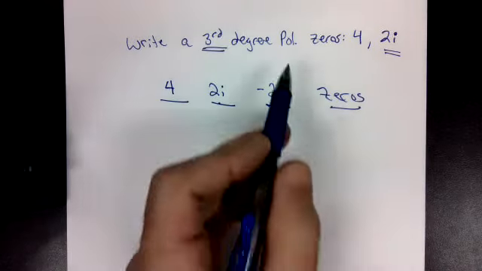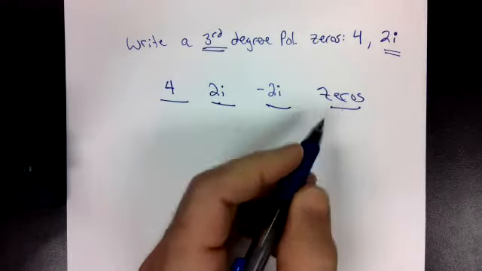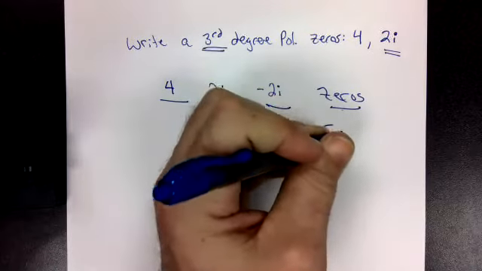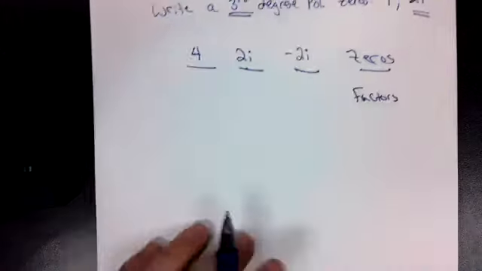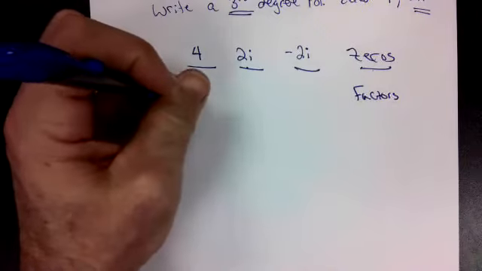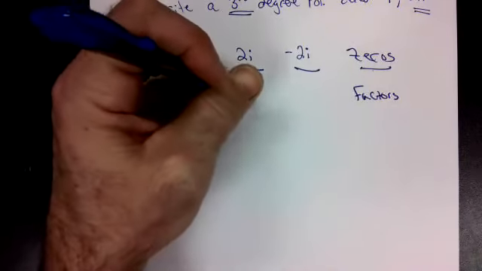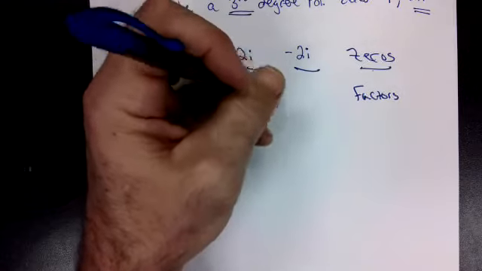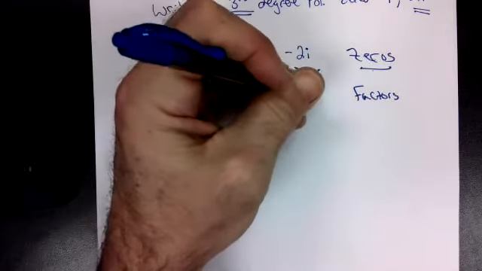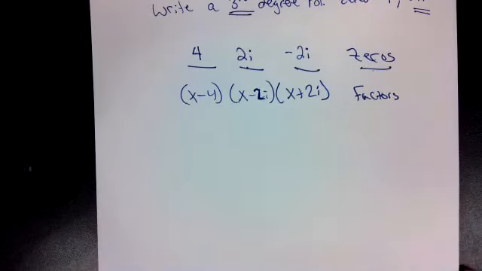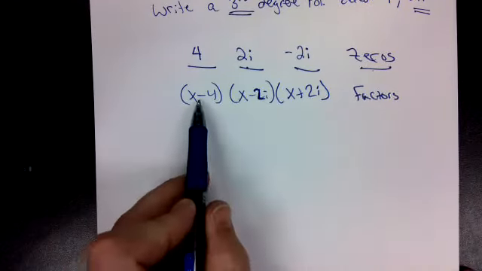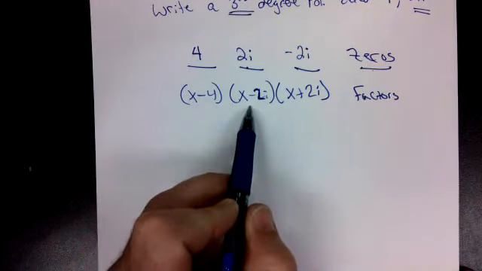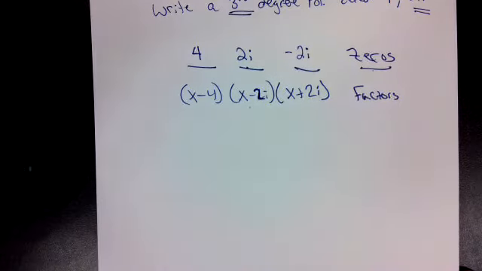And again, if I want to come up with a polynomial, I know my zeros. I need to be able to rewrite those as factors. That would be x minus 4, x minus 2i, and x plus 2i.